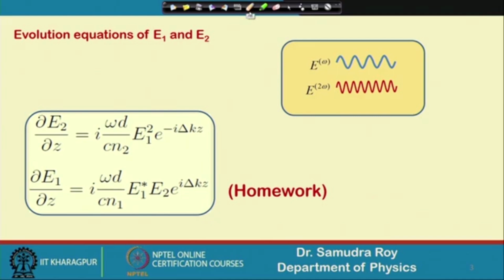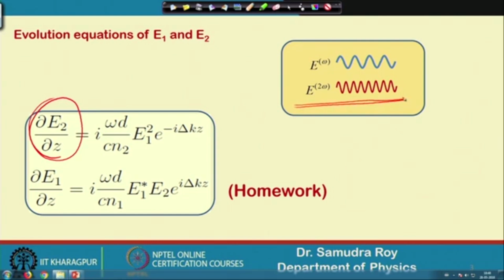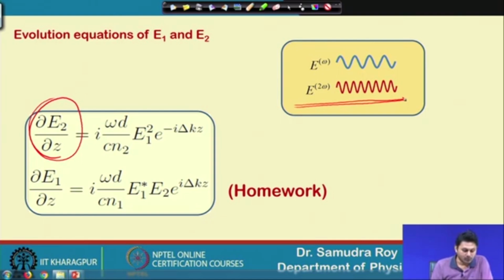One interesting thing, which is quite obvious, but I still want to emphasize to understand what is going on. This is the evolution of the second harmonic. E2 corresponds to the field with frequency 2 omega, for example the wave that is inside the material. Now, on the right hand side we have a source term.